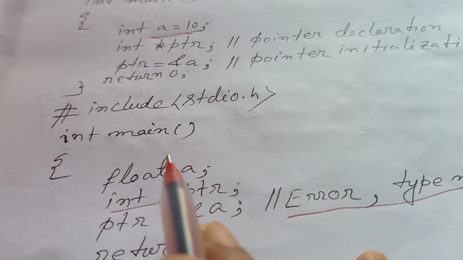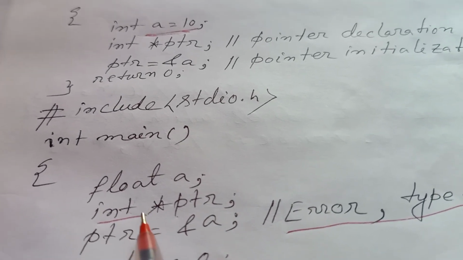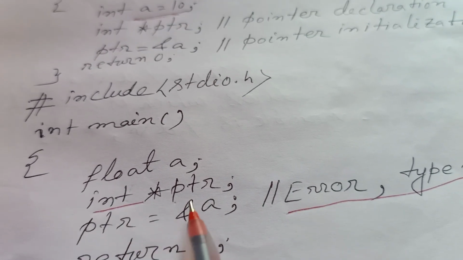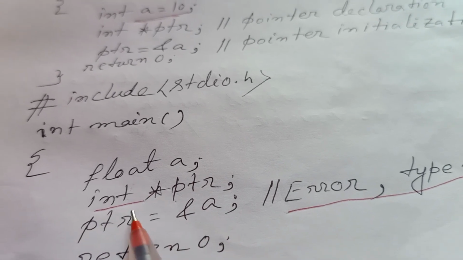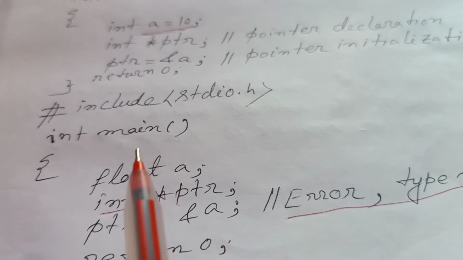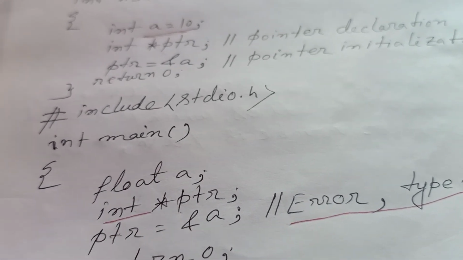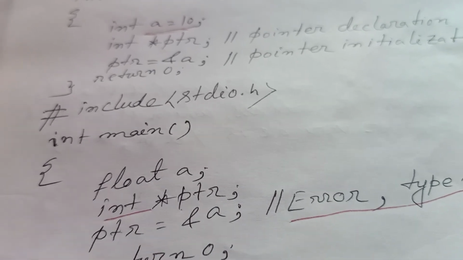So as per the syntax, we should know that whatever the address of any variable, the data type of the variable and its pointer variable should be the same.